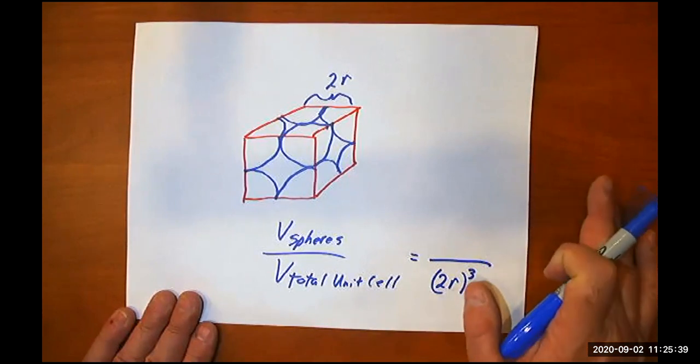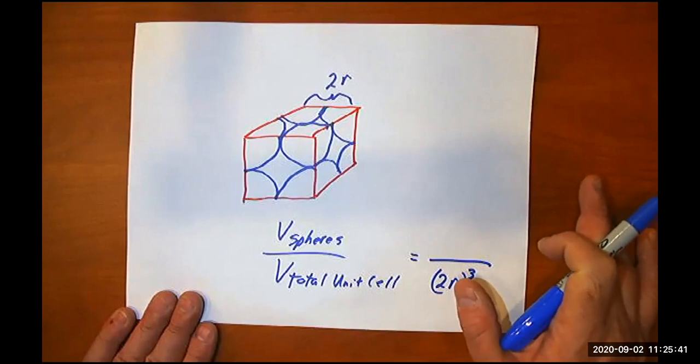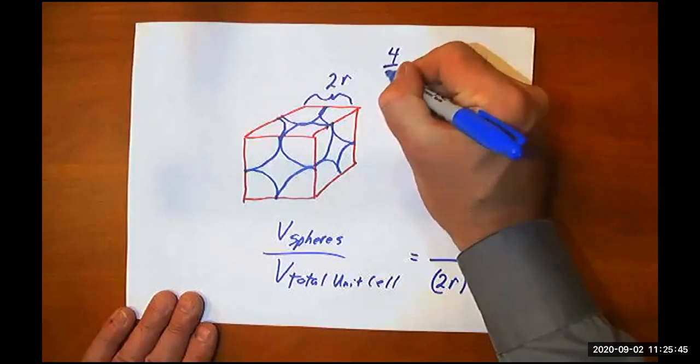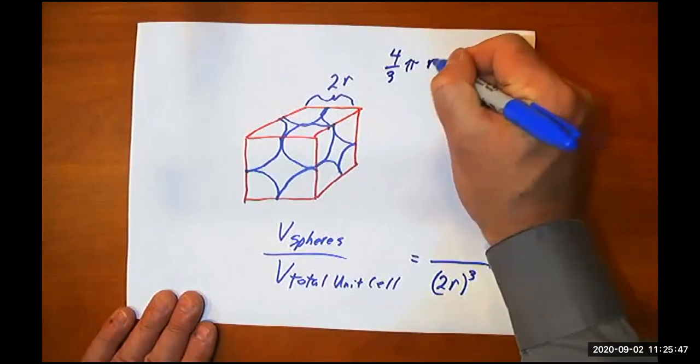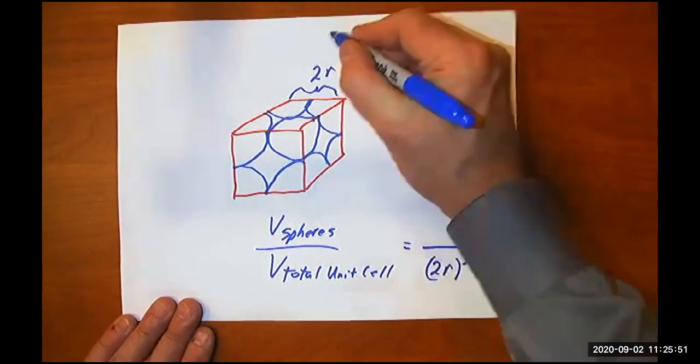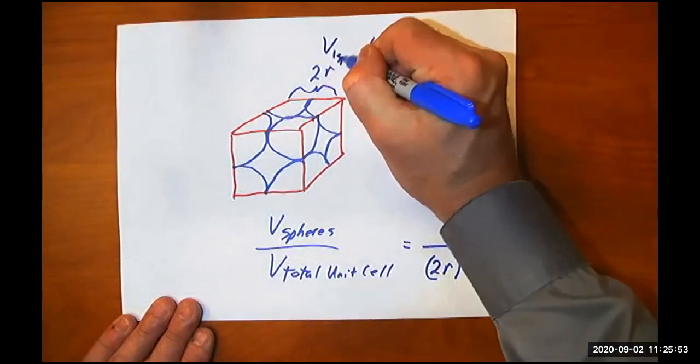Anybody remember that one? Okay, 4/3 pi r cubed. Okay, so that's the volume of one sphere.